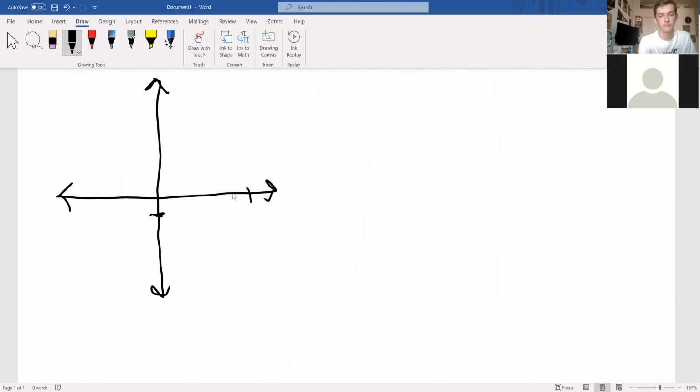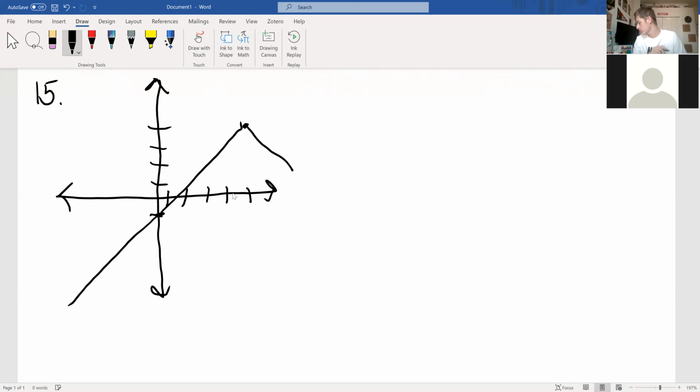And so this is what the graph looks like on 15.